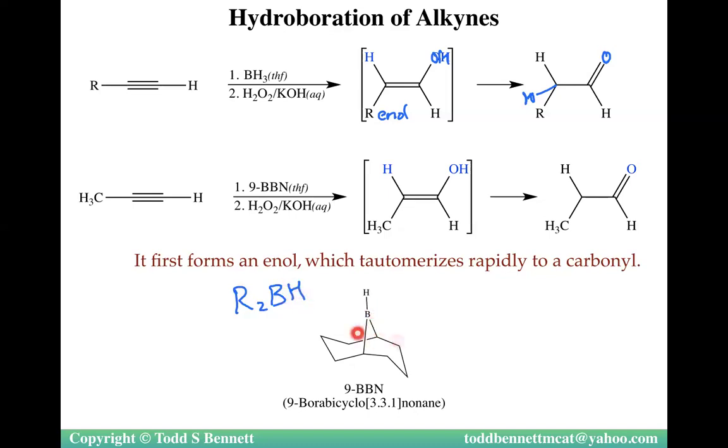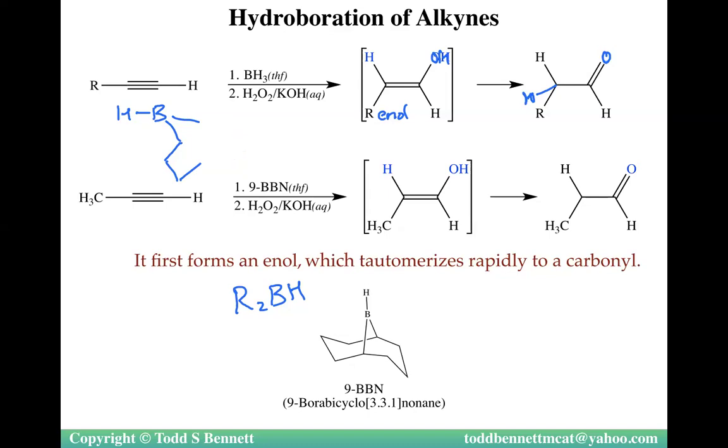By making this a really bulky group, it's going to put the bulky group next to the H. And so the boron will go here, causing the H to go there. So my H is connected to my boron, which is part of a bridging species. I'm going to draw this in a kind of concocted fashion, and that boron bridge is going to be found in the midst of that ring.